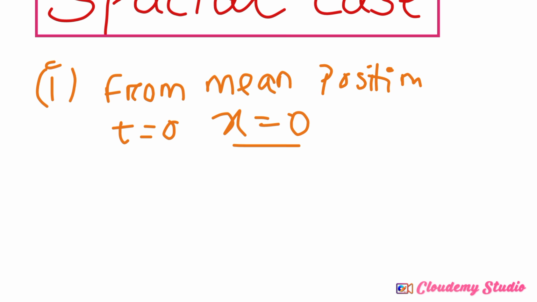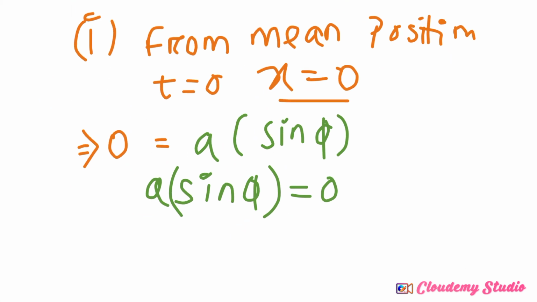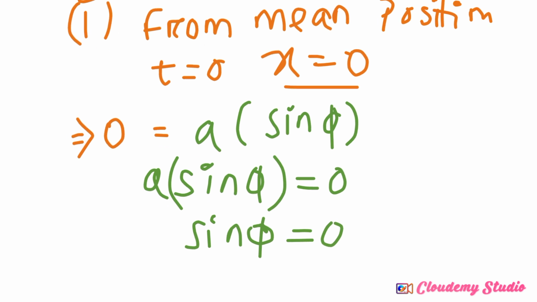Now putting into the formula, x is equal to a sin(omega t plus phi), x is equal to 0, so 0 is equal to a sin phi. Then sin phi becomes 0, so phi becomes 0 degree.